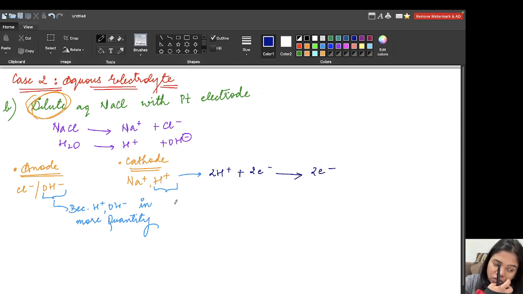And here you need to see OH minus is there, right? So the reaction which happens here is OH minus will liberate an electron and OH. OH now cannot stand alone. So it will combine with other OH molecules. Actually, 4 OH molecules.